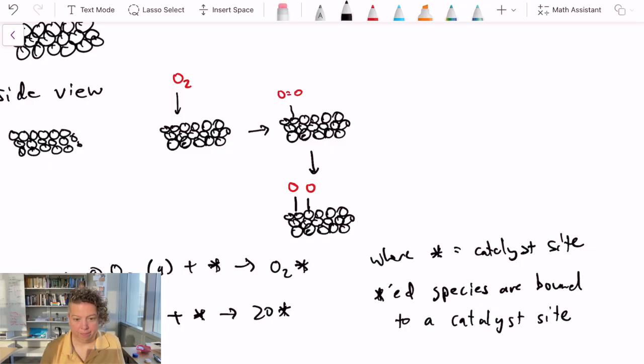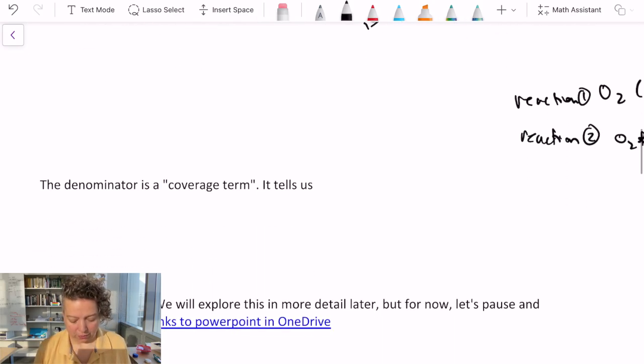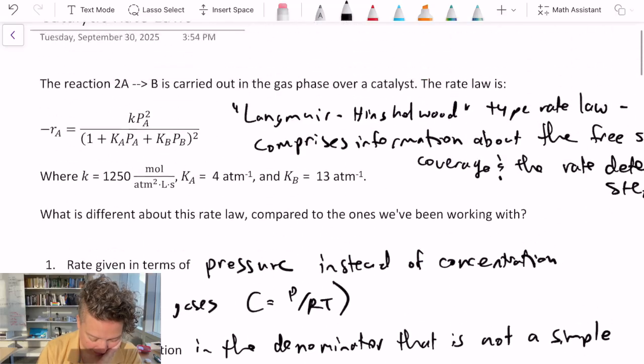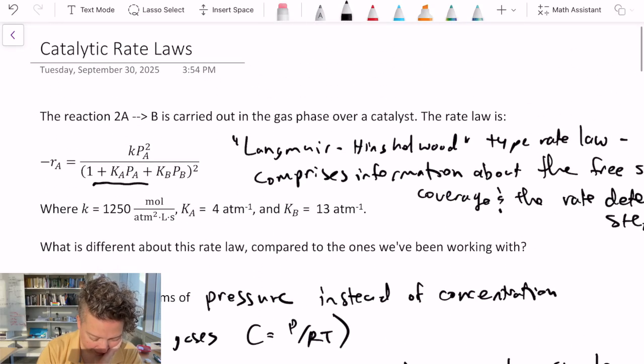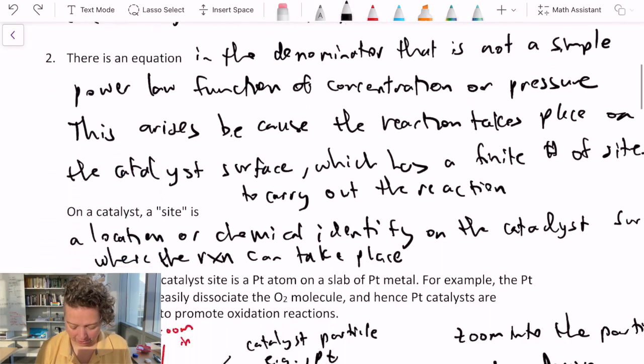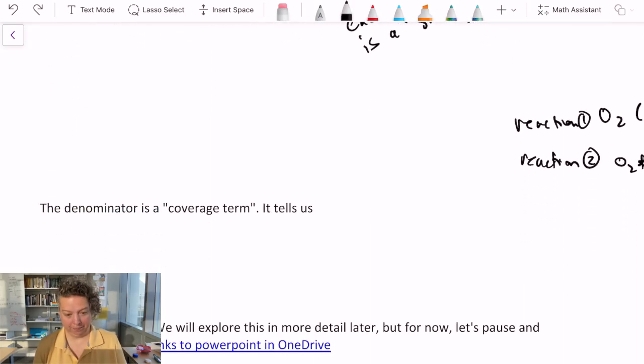I guess I could have written all of this over here. I had plenty of room, but okay. So anyways, getting back to this. This denominator term here is going to tell us the free site coverage. The free sites are all of the sites on the catalyst surface that don't have something in them.